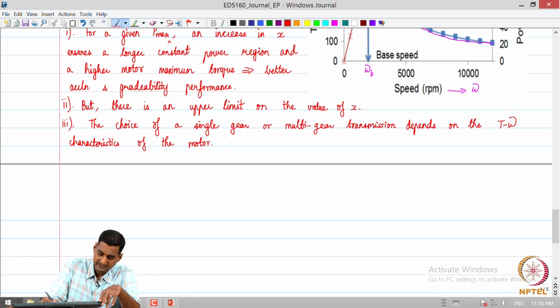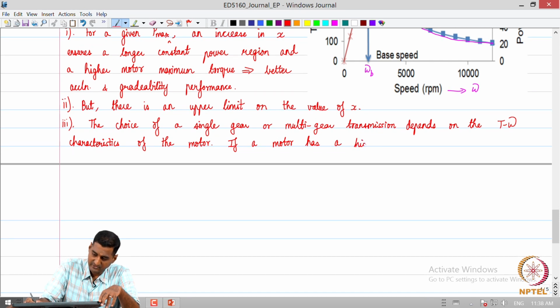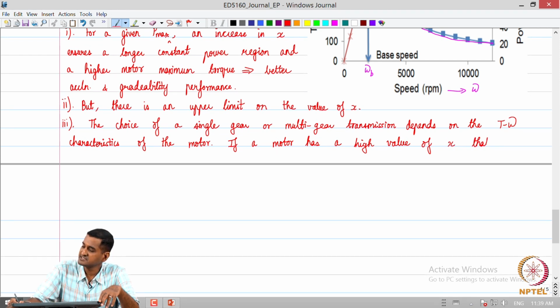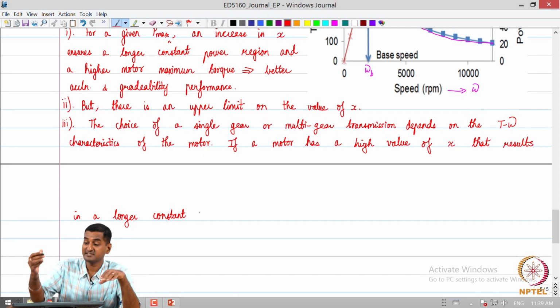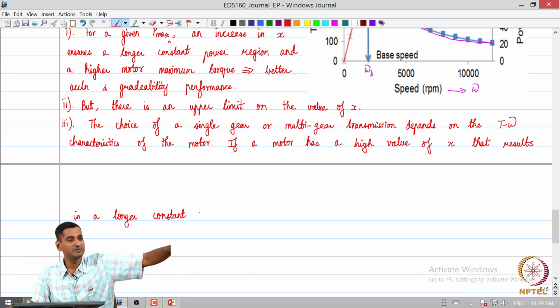Okay, that is important. If a motor has a high value of x, that results in a longer constant power region, because if we increase the value of x, omega b is going to be reduced.